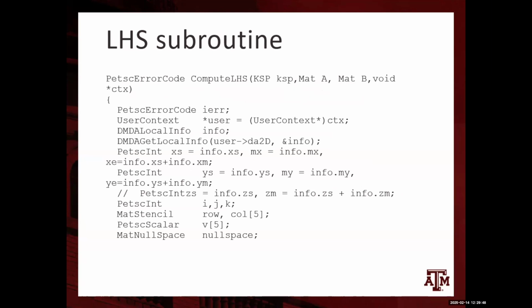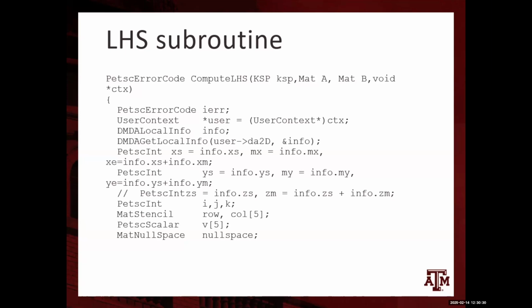Okay, copy and paste this. Again, we're going to get the info to know where we are. We're going to get the information of the grid layout and the distribution, its parallel layout on different nodes. We're going to define some variables. I, J, K are your integers, your nodal values and things like that. And then MatStencil, because we're going to set the matrix. It's going to help us go from natural numbering to the PETSc numbering.